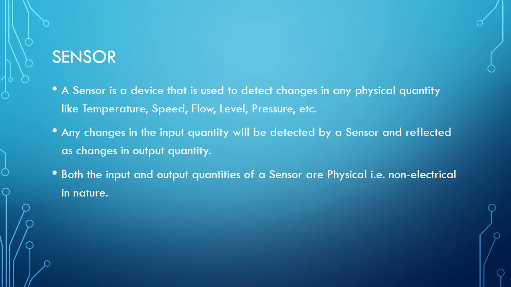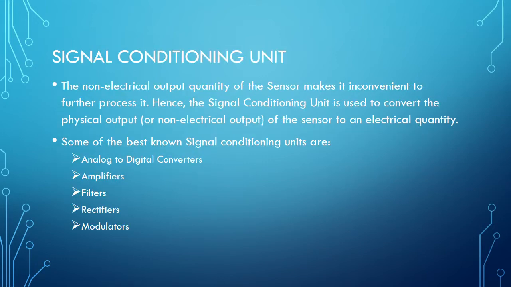Both the input and output quantities of a sensor are physical, that is, non-electrical in nature. The non-electrical output quantity of the sensor makes it inconvenient to further process it.